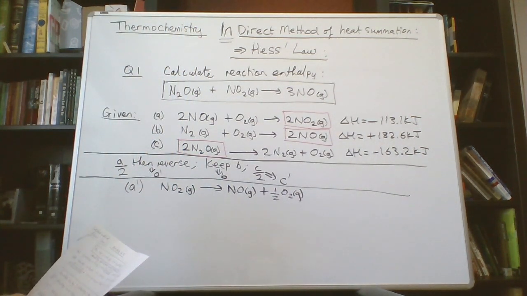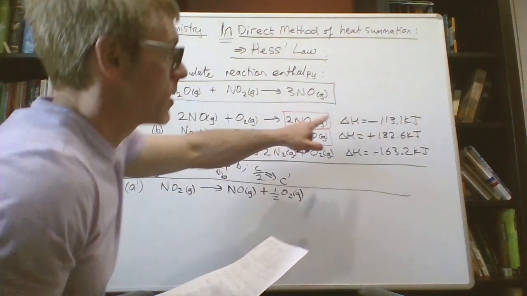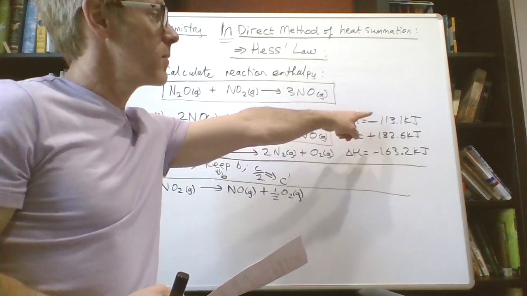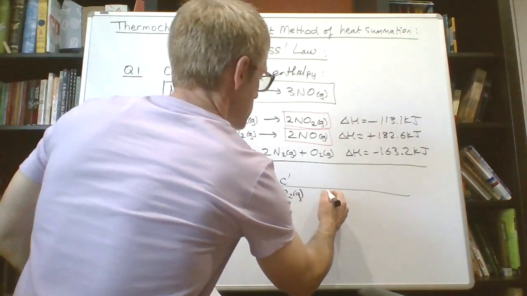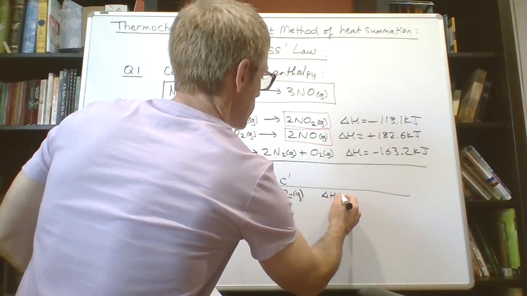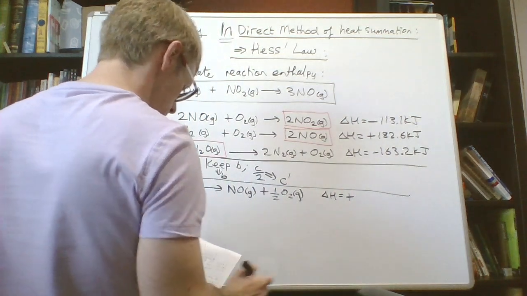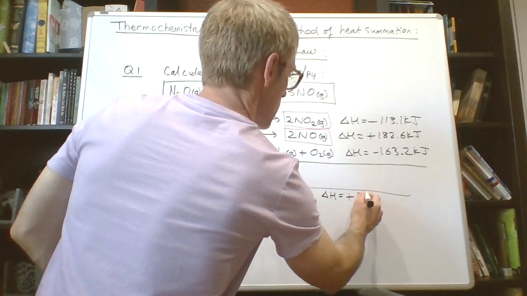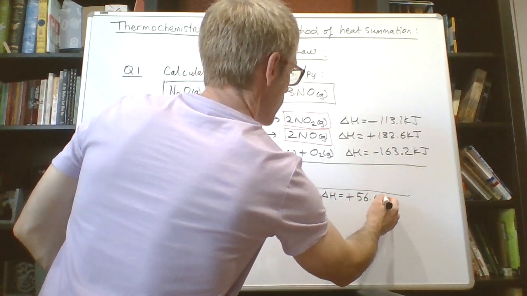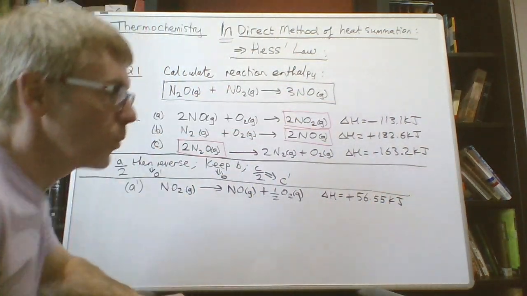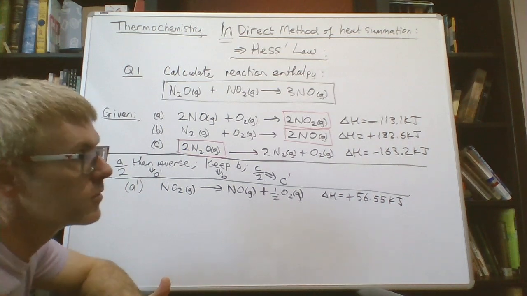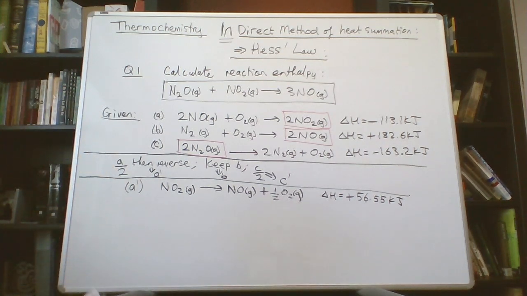Now I also need to reverse the enthalpy of A, so make it positive and then divide by 2. So that's going to give me a new enthalpy value that's positive 56.55 kilojoules. So you take negative 113.1, reverse it to make it positive, and then divide by 2.